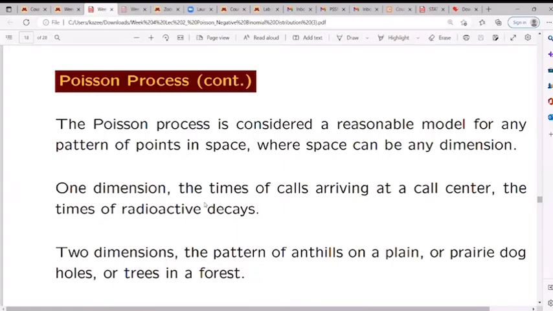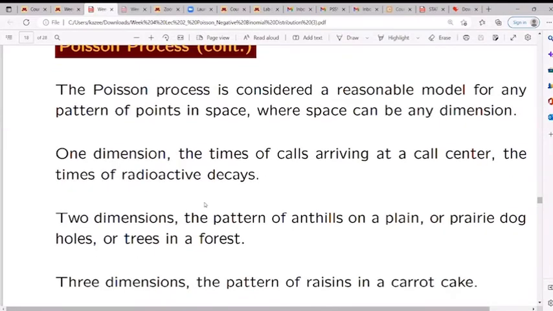The Poisson process is considered a reasonable model for any pattern of points in space, where the space can be any dimension. For one dimension, we may want to talk about the times of calls arriving at a call center.